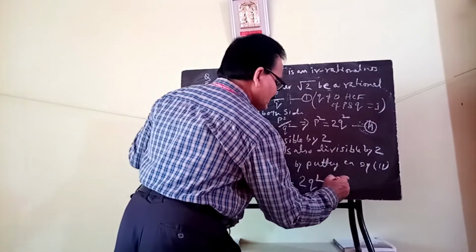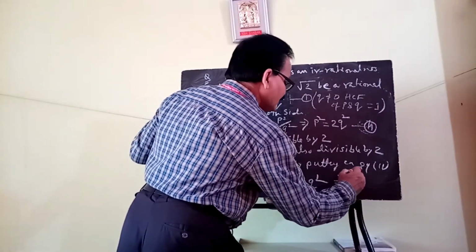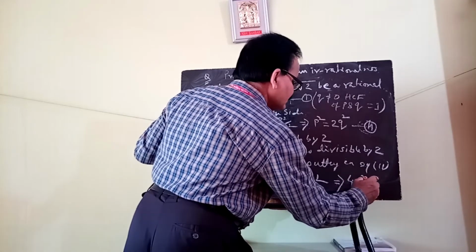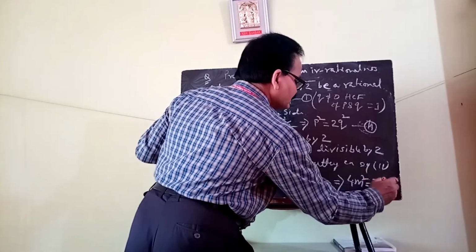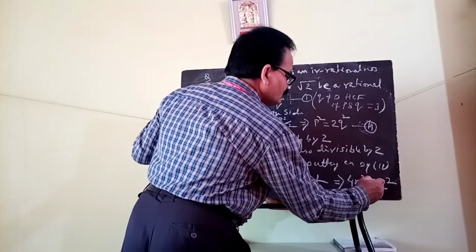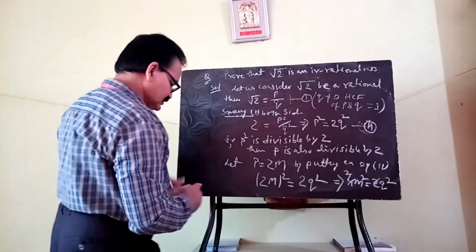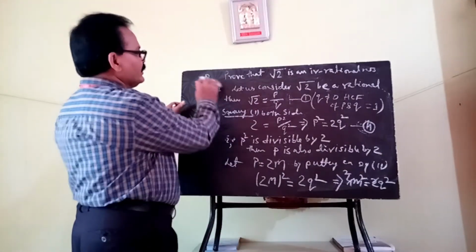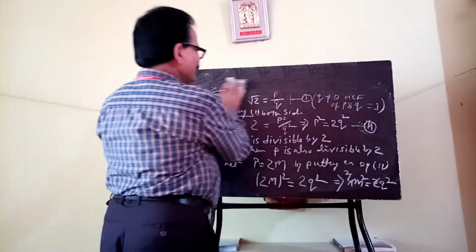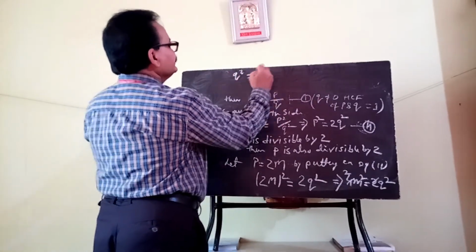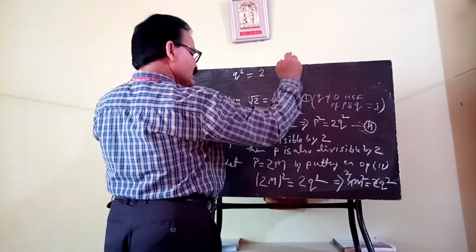This simply means 4m square equals 2q square. So this 2 can cancel, and that means q square is equal to 2m square.